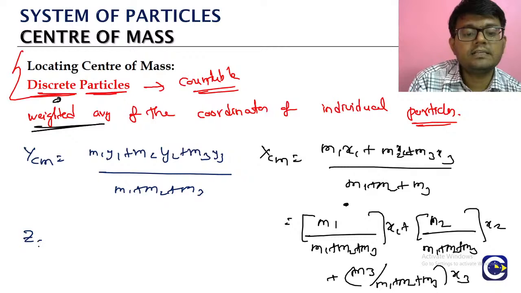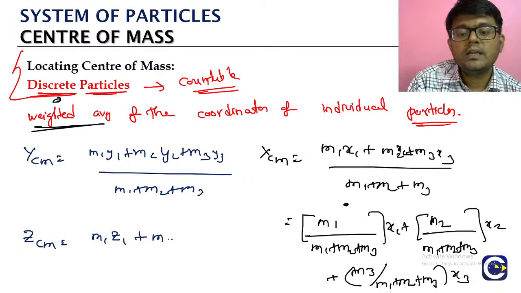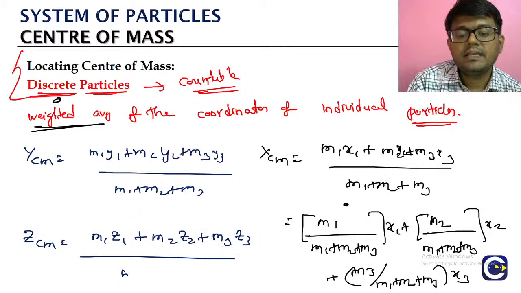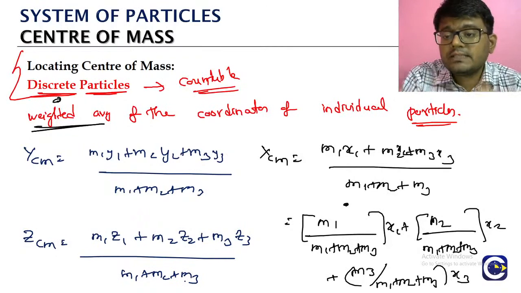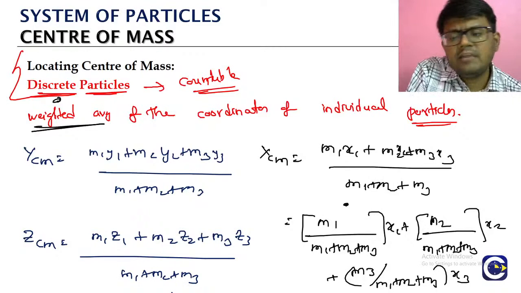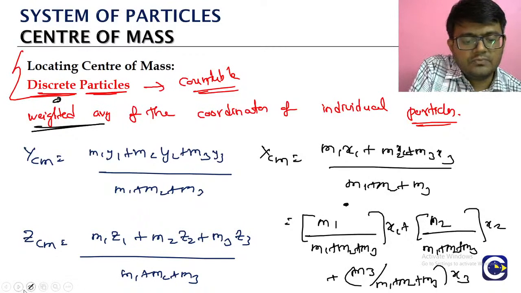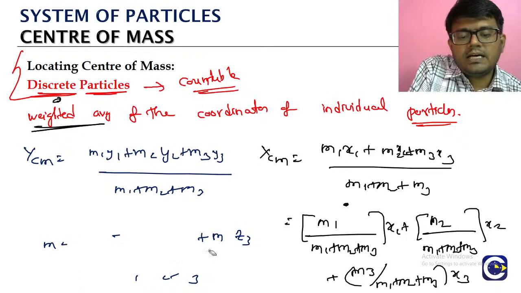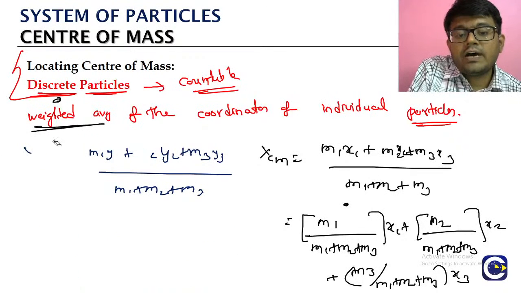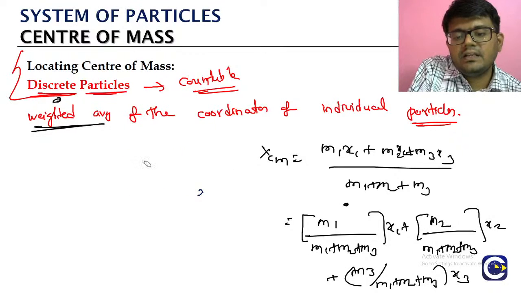If you want to write the z coordinate, it is m1 z1 plus m2 z2 plus m3 z3 by m1 plus m2 plus m3. Here we are taking 3 particles. If you have 4, 4 terms will come; 5 means 5 terms will come. So this is how we will be able to locate the center of mass for discrete particles.